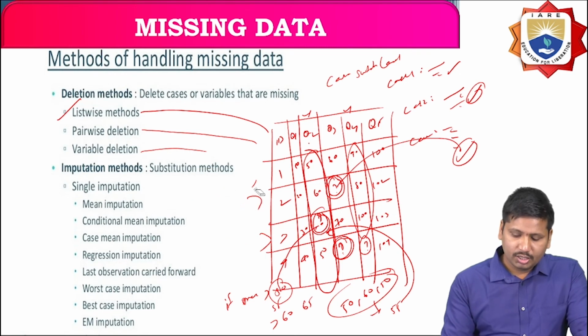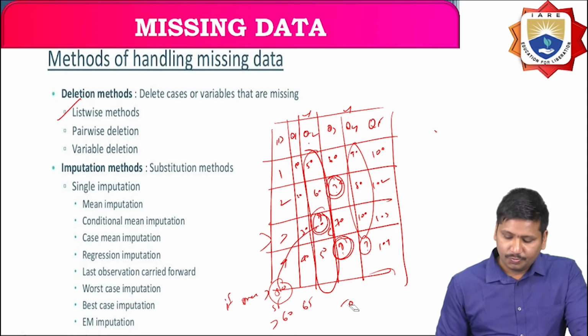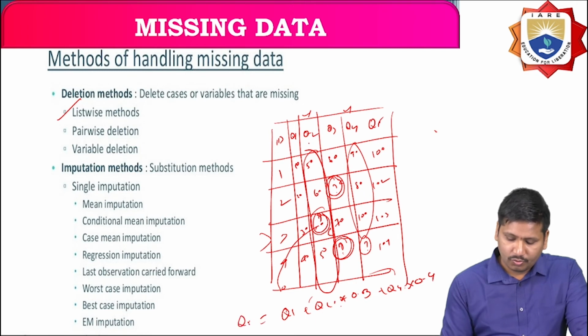And then the next one is the regression method. Here I use some mathematical equations, and based on that, I can fill it. Suppose Q1 plus Q2 into 0.3 and then Q4 into 0.4, like this I can write Q5 equal to.